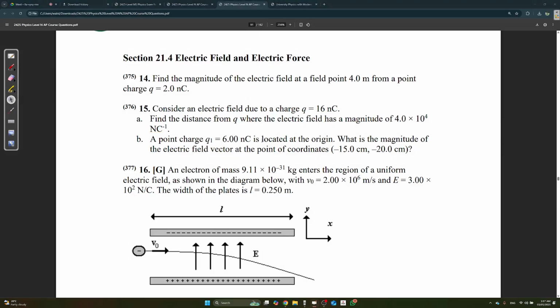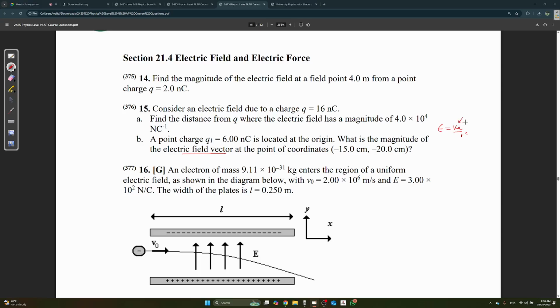A point charge Q1 equals 6 nanocoulomb is located at the origin. What is the magnitude of the electric field vector at the point of coordinates minus 15, 20? So obviously you would want to find the distance between this and the origin. It's not hard to find distance. Why am I finding distance? In case any of you are lost, remember electric field is equal to kq over r squared.